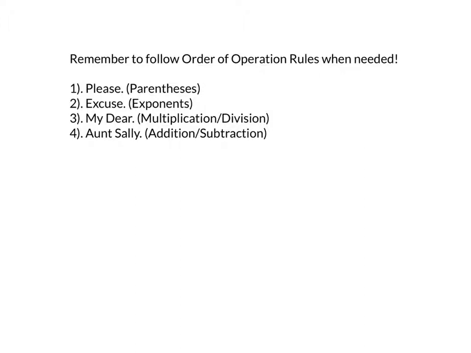So, if you are given the problem negative 5 plus 2 times negative 3, the very first thing you need to do is the multiplication. So as I go through and do that, I'm going to do 2 times a negative 3 first of all. 2 times a negative 3 gives me a negative 6.